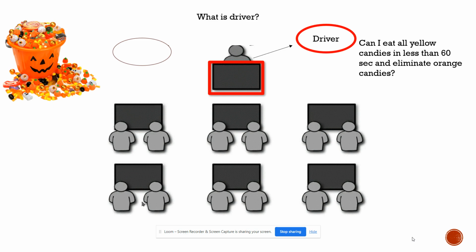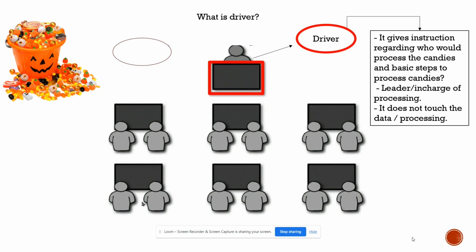So, what is a driver? We can imagine a classroom with a teacher and students. We can imagine the teacher as our driver. All the instructions go through the driver to the students. So the driver acts as a teacher in very simple terms.